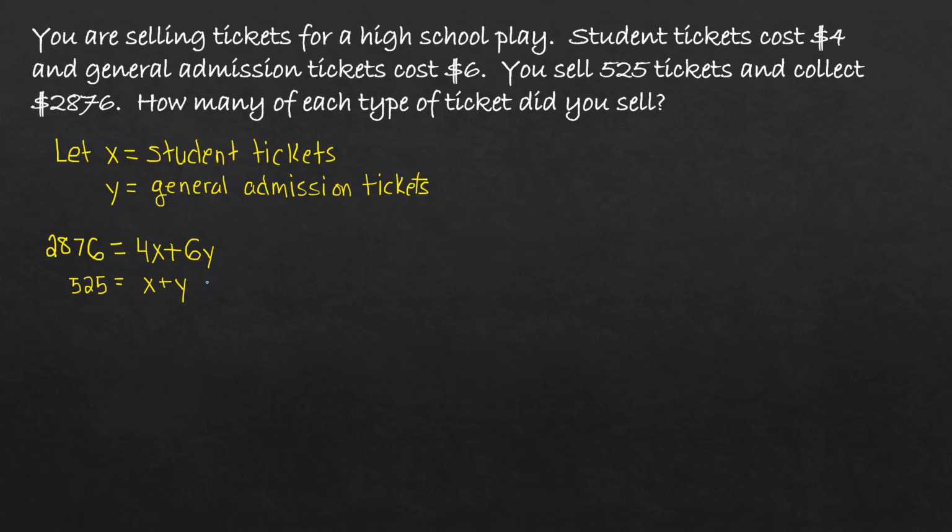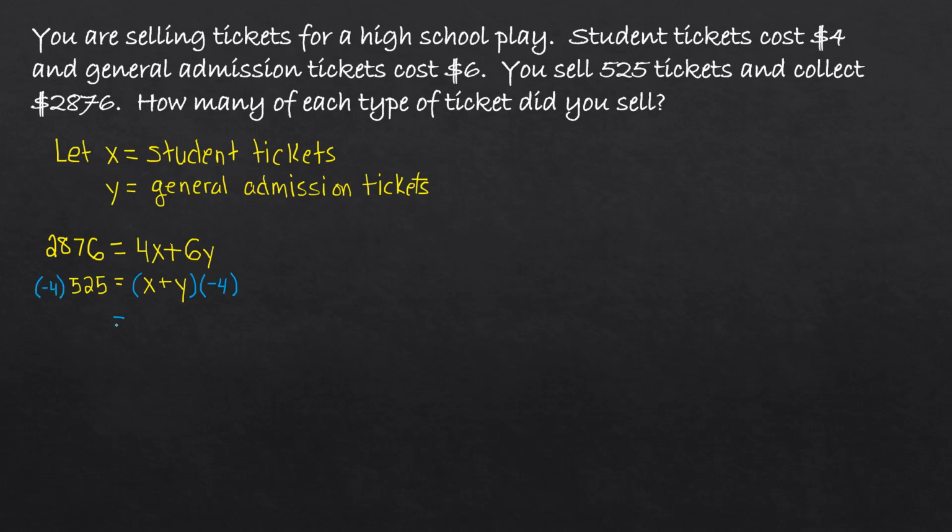In order to do that, I need to decide which variables I would like to eliminate. I'm going to choose to eliminate X. To eliminate X, I need the two coefficients of X in each equation to be opposites of one another. Currently, I have a 4 and I have a 1. So I'm going to multiply the second equation by -4 on both sides.